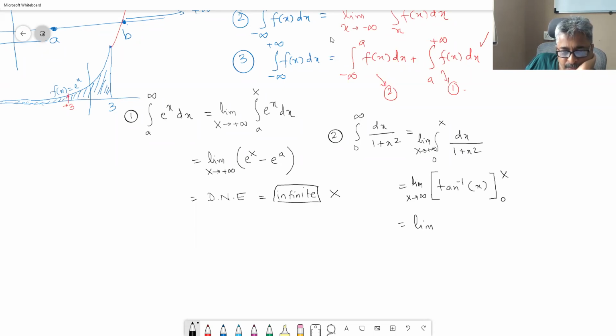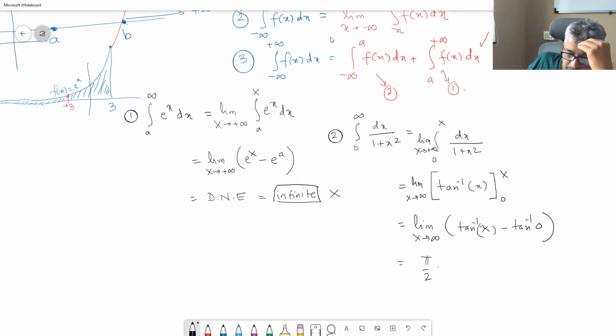So limit x tends to infinity tan inverse capital X minus tan inverse 0. The limit of tan inverse capital X as x tends to infinity is pi by 2, minus tan inverse 0 which is 0. Therefore, the answer is pi by 2. Okay, this is theoretically, fundamentally correct.